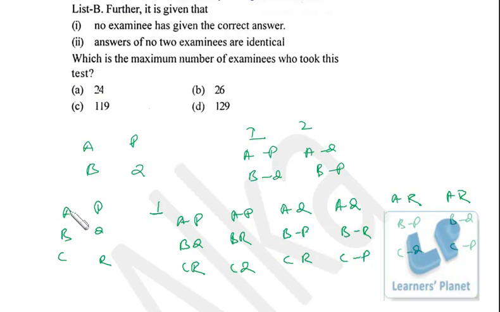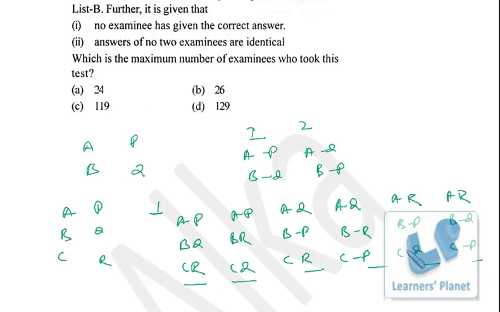That means if there are 3 questions of this type, matching questions, then we have 6 ways when none of the 2 students are making the same answer. But one of them has to be correct, because we have mentioned here all the possible combinations, and all these 6 are different from each other.